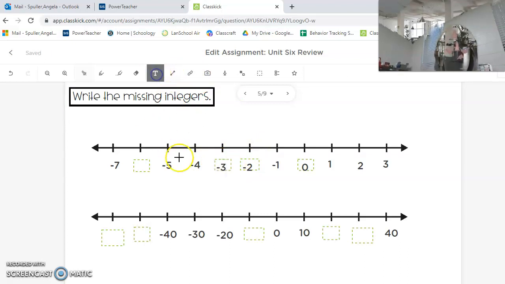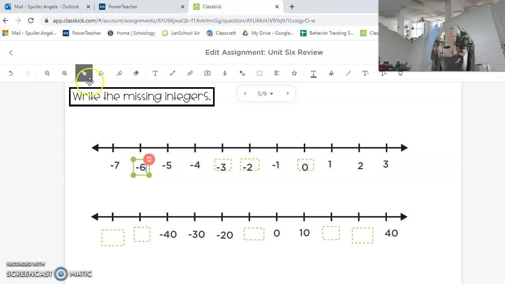The next one would be negative 4, negative 5, negative 6. Now, just because the number gets bigger doesn't mean that you have more. Remember, if I have negative 7, I owe more money. I have less in my pocket than if I owed negative 2.